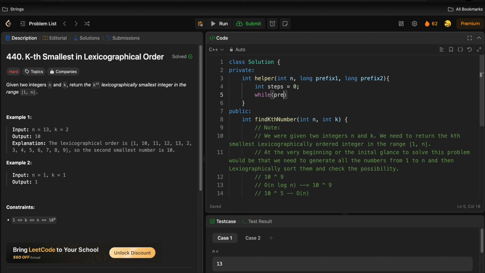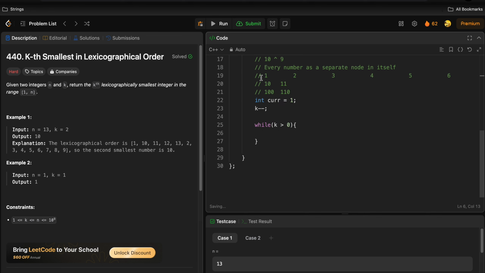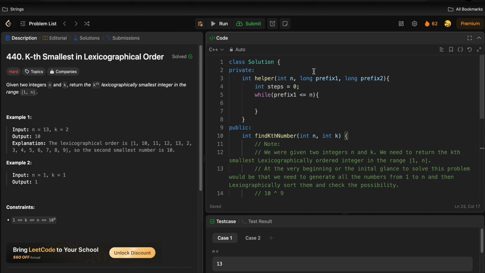I'll check that prefix1 is less than or equal to n, because I need to check the depth. For counting the numbers between these two numbers, I need to check all the numbers below this depth, because there are infinitely many possible ways here, right? 100 could again give me 1000, 1000 could give me 10,000 and so on. So I'll keep processing until prefix1 is less than or equal to n.